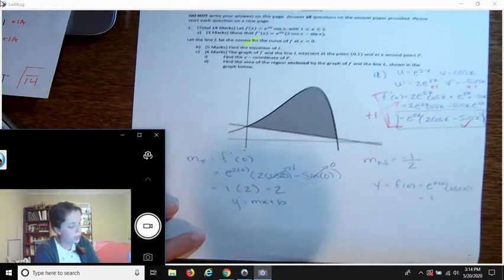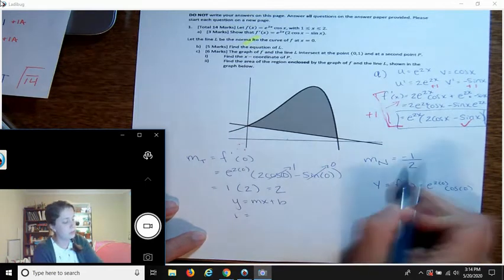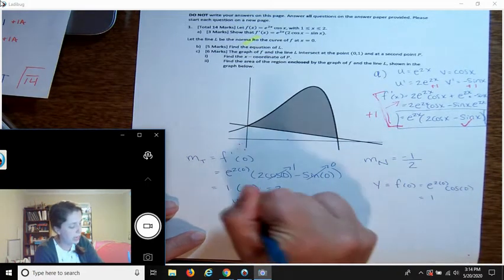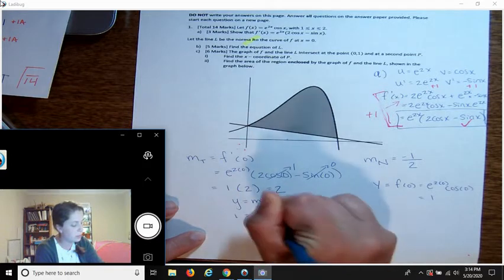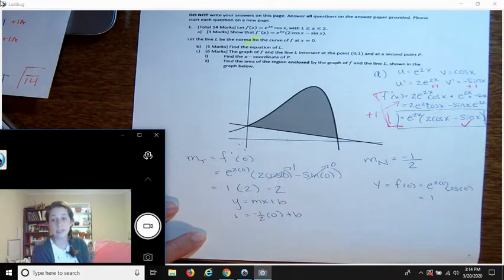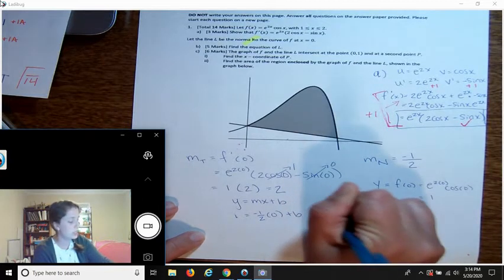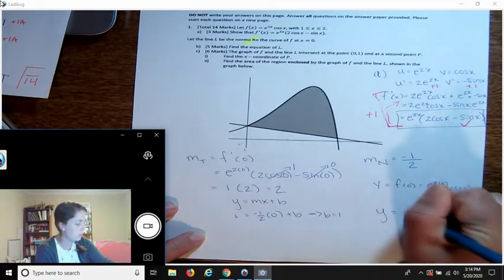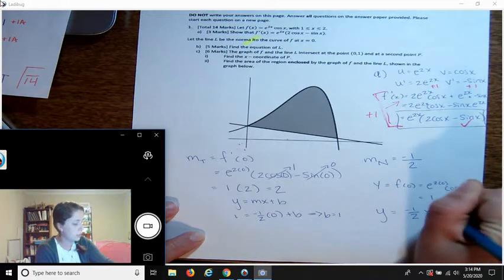I have my y as 1. My m is the normal slope, which is negative 1/2. My x was 0. So this means that my b must be 1. Okay. So b equals 1. So my final answer is y equals negative 1/2 x plus 1.